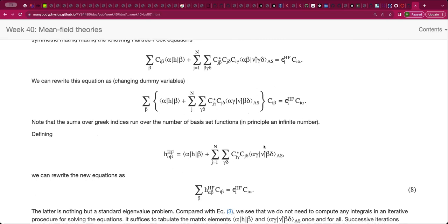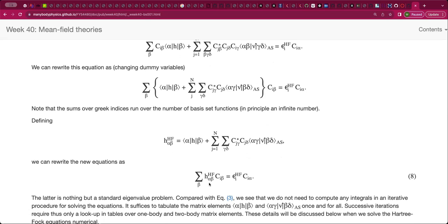And then I have this summation here. This I can rewrite in a more compact form as an operator multiplied with these coefficients. This actually becomes a matrix multiplied with the coefficients, and you see that this is nothing but an eigenvalue problem in the unknown coefficient C.